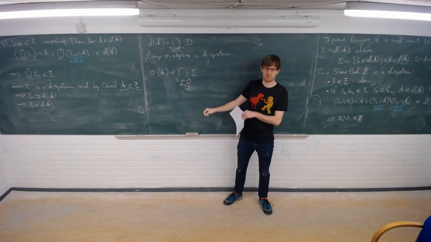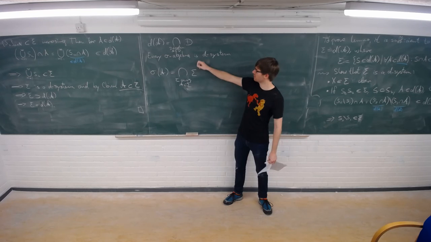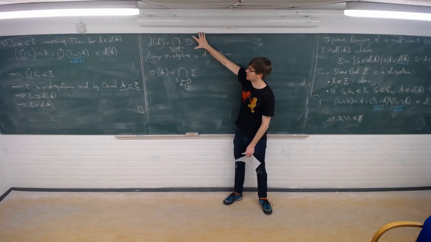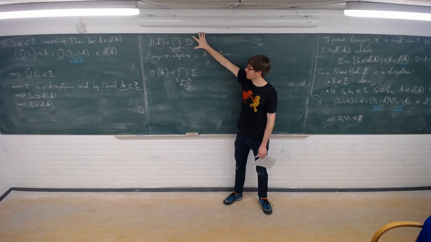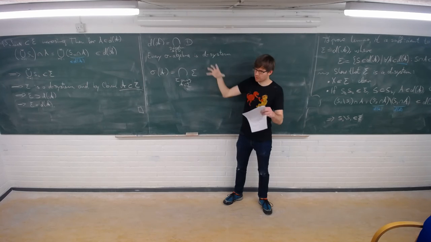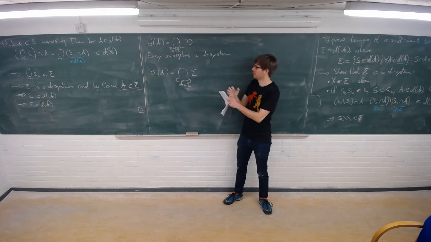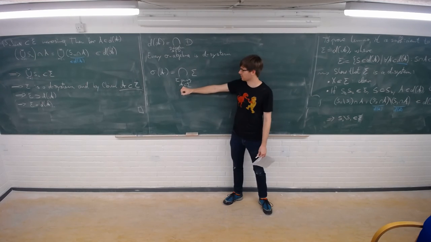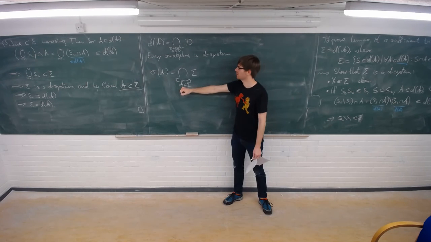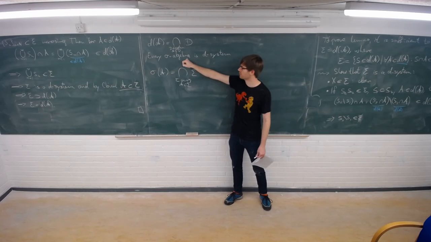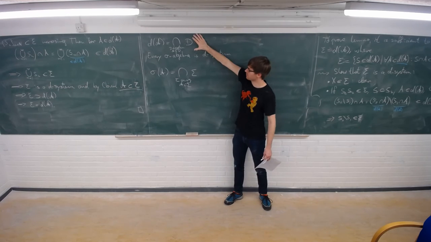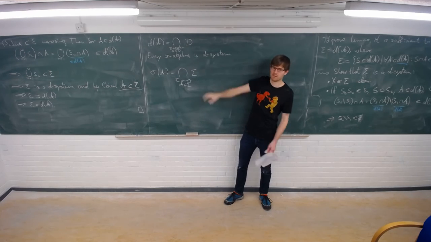Could you say it again? Yes. So in this first intersection, I'm taking the intersection over more sets, so it can only become smaller and smaller. Here I'm taking the intersection over not as many sets, because every sigma algebra is a D system, but not every D system is a sigma algebra. So this can only be smaller than this, right?